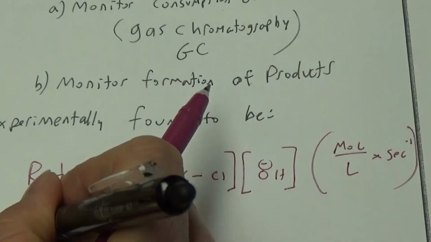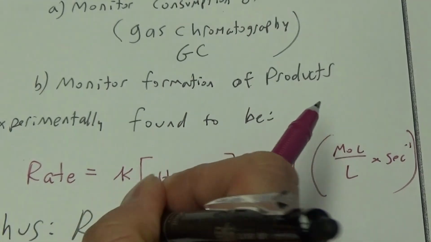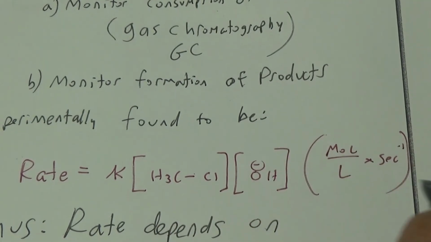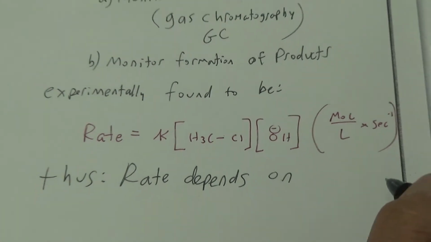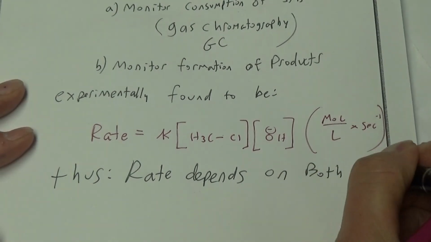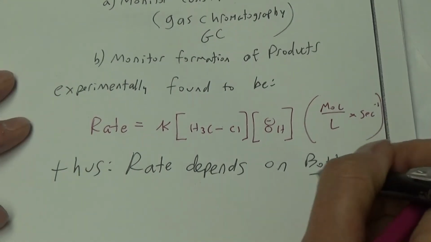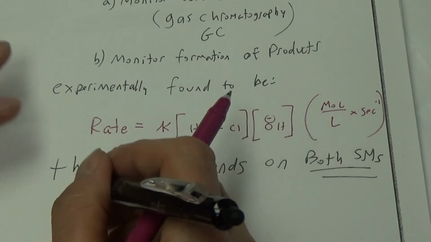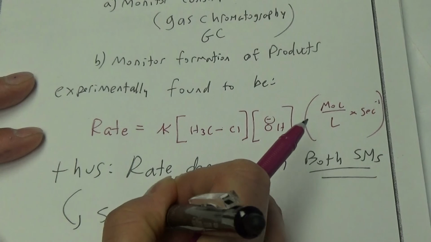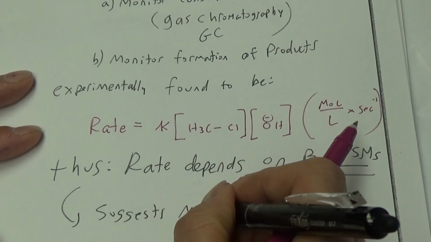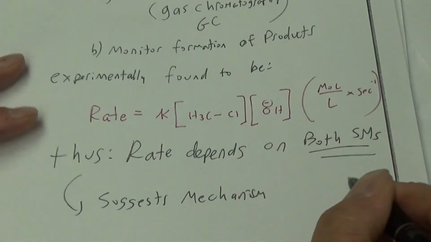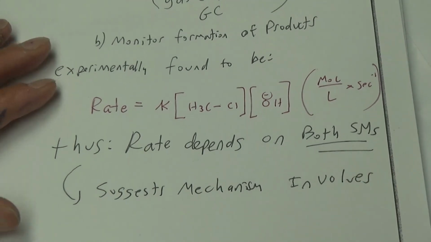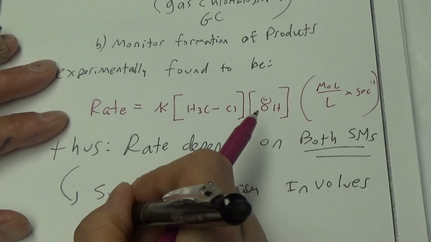Thus, the rate depends on both starting materials. And that suggests the mechanism involves both reagents.